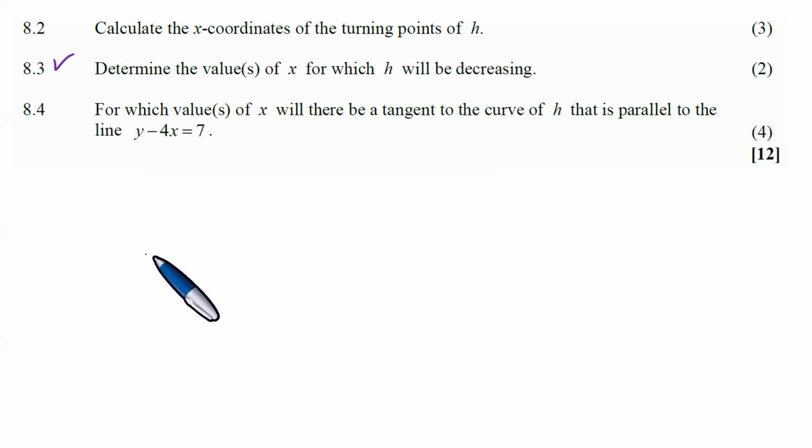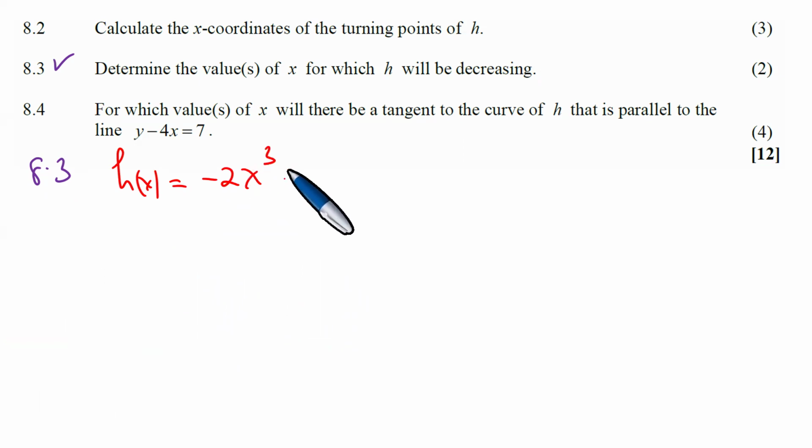Let us look at these together. To look at 8.3, there are a couple of things we ought to take into account. We need to remember what h is, as given to us. We have h of x, which equals minus 2x cubed minus 7x squared plus 9.